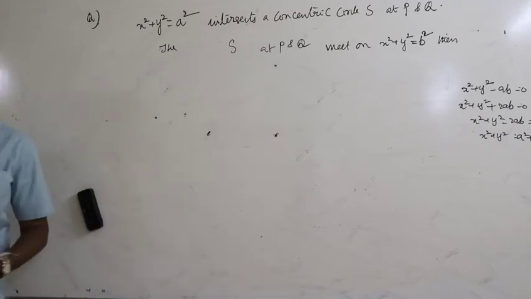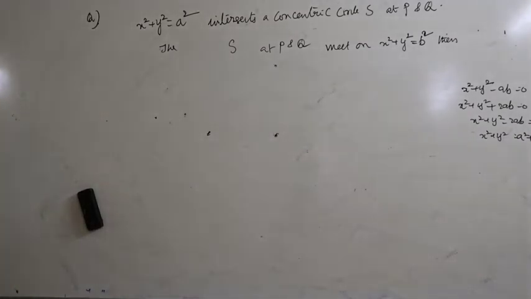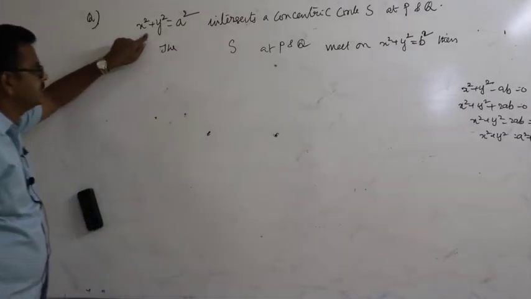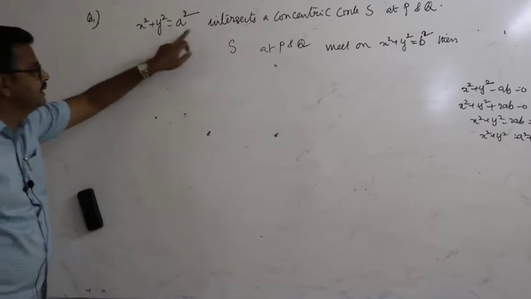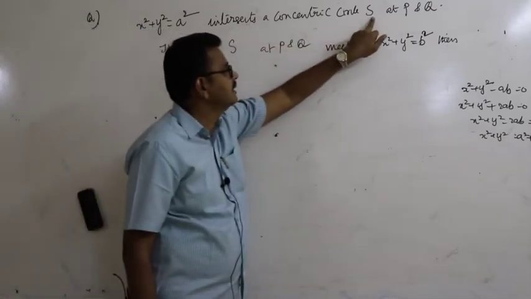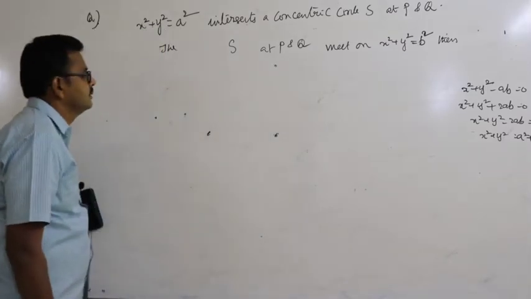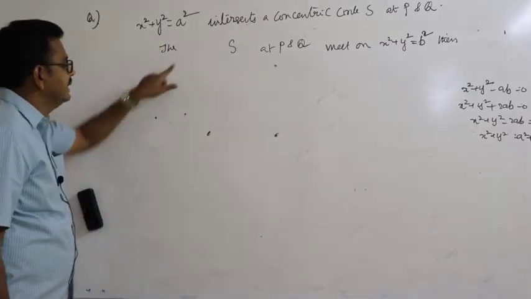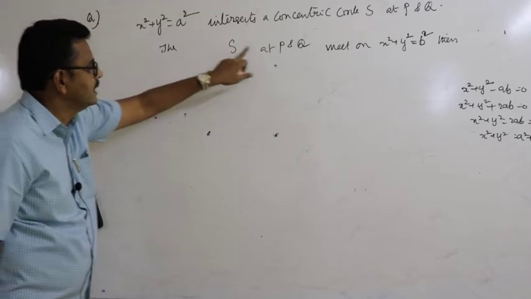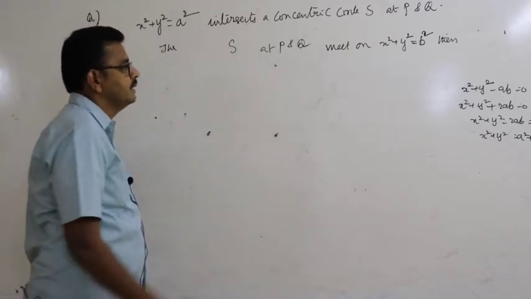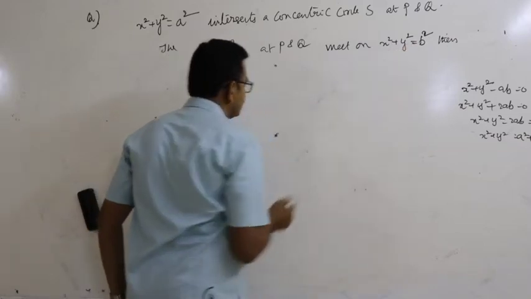A tangent at a point on the circle x square plus y square equal to a square intersects a concentric circle S at P and Q. The tangents to the circle S at P and Q meet on the circle x square plus y square equal to b square.